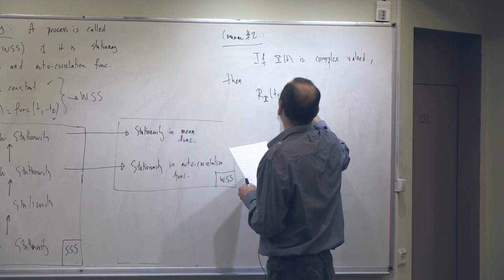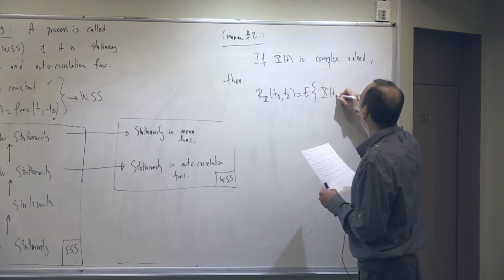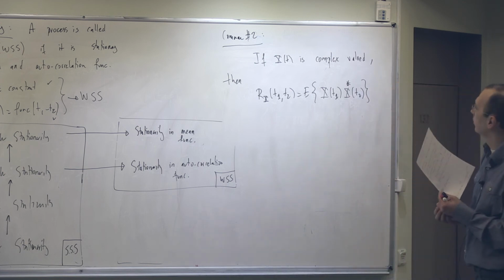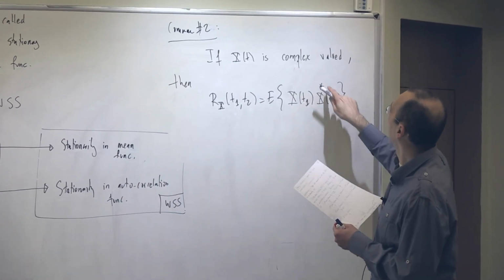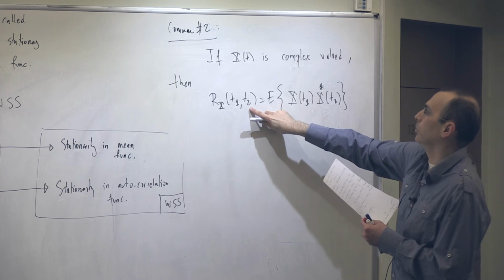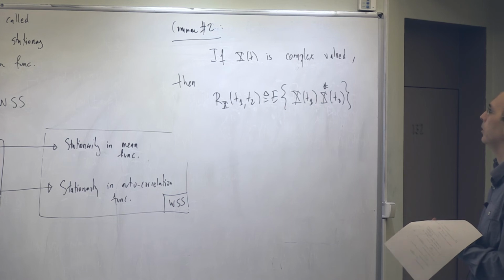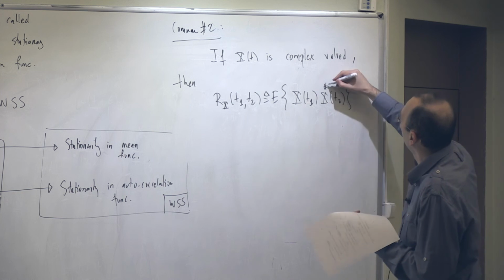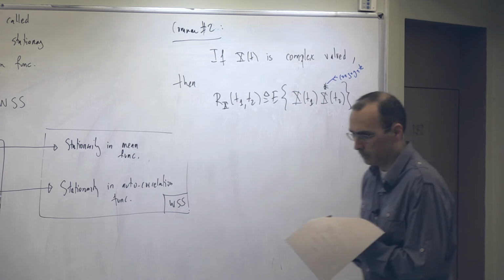Rx t1, t2 is expected value of x of t1, x of t2, and we put the conjugate on the second one. The second one is t2 related, so the conjugated one is the second argument. Of course, you can define it differently, but this is our definition. If it is complex valued, there is a conjugate, the complex conjugate over here.